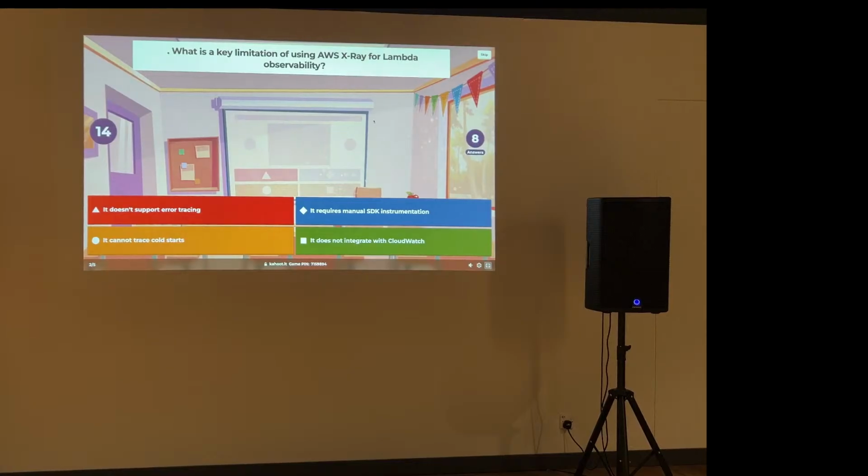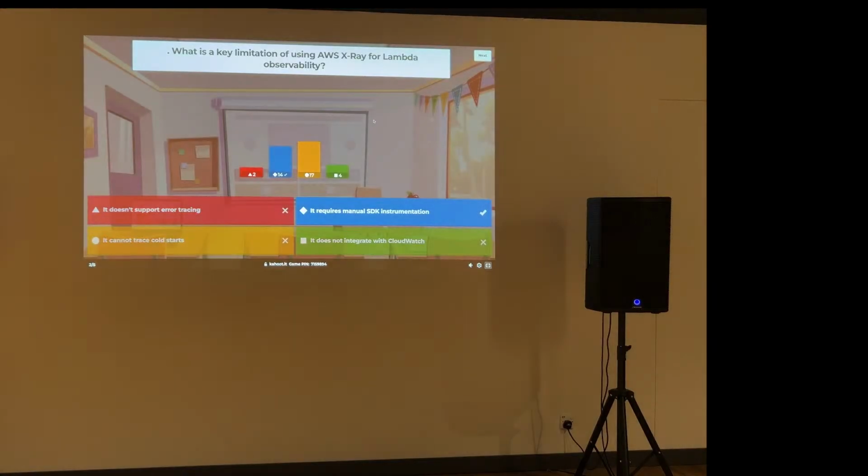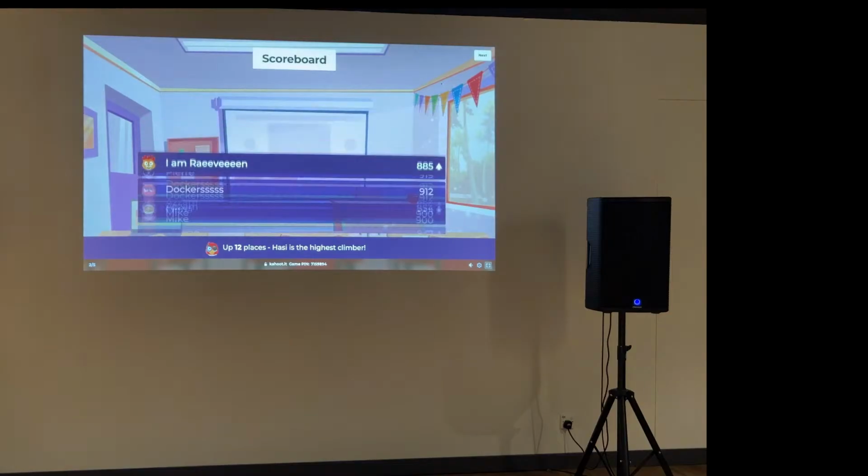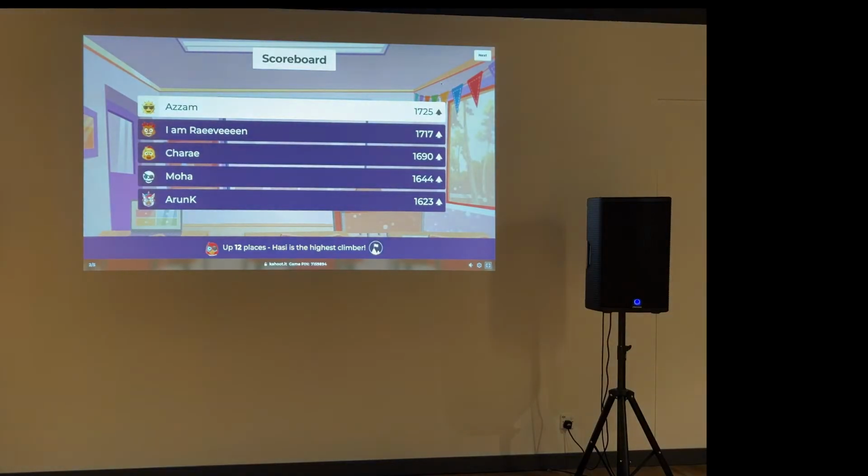It requires manual SDK instrumentation? Or it does not integrate with CloudWatch? The right answer is it requires manual SDK instrumentation. Let's see the podium. Azam is number 1.